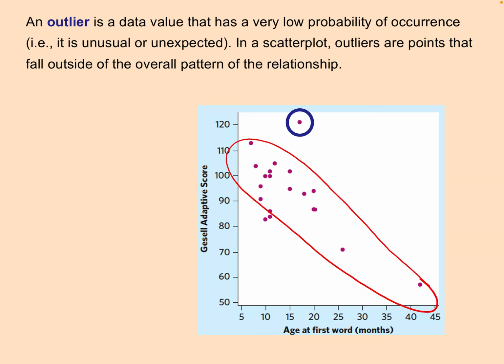So what you see here is that most kids are having their first word between, say, 10 months and maybe 20 months. There are a few who don't have their first word for quite some time afterward, but there's not a lot of data here because most kids speak their first word here. That's why we have these gaps here. But this data point and this data point are still within the overall pattern of the data, so we can't really call those outliers. This one sits way off the axis of the spread of data points, and therefore that's considered an outlier.